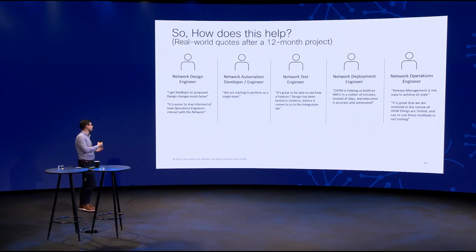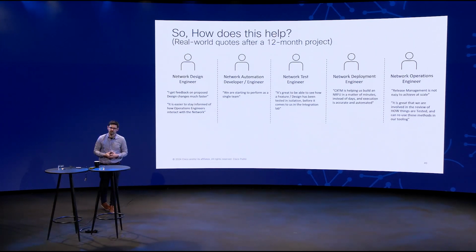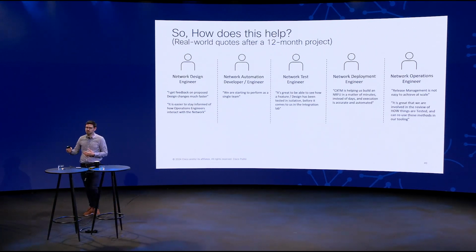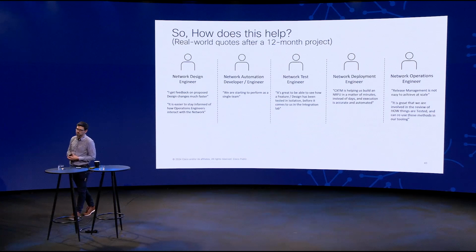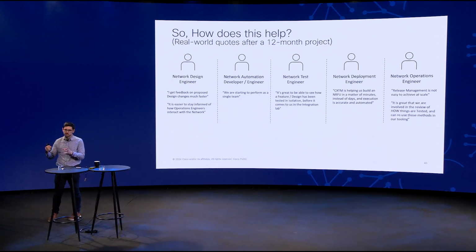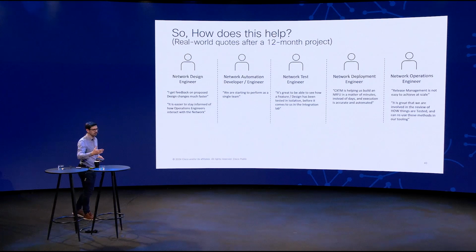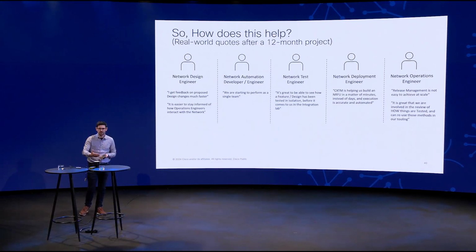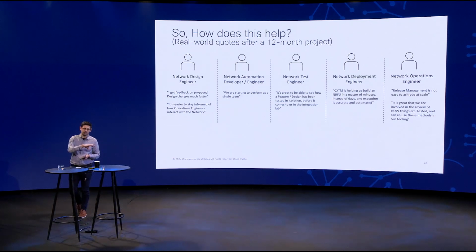They're also saying that it's easier to stay informed of how operation engineers interact with the network. So if operations have seen a particular behavior in the real world, and they say this particular sensor path or KPI or collection helped us identify it or spot the problem sooner, then they can feed that back into their feature test and their feature design.